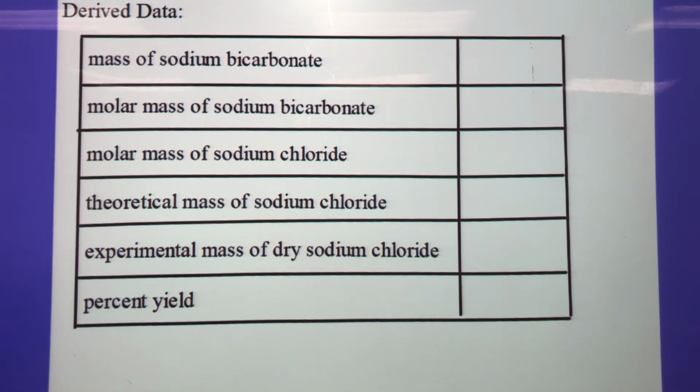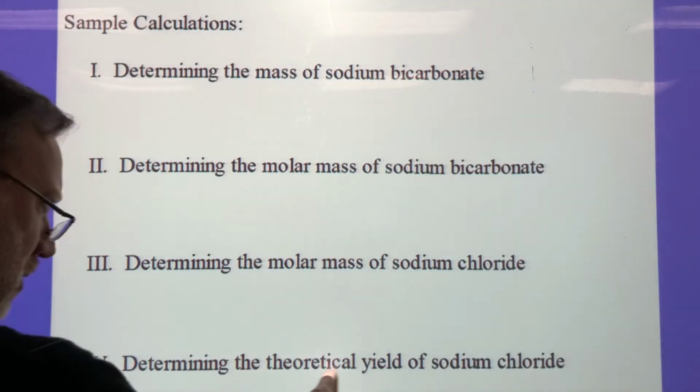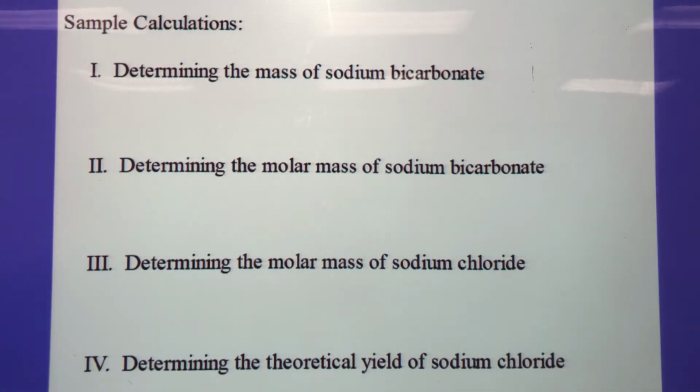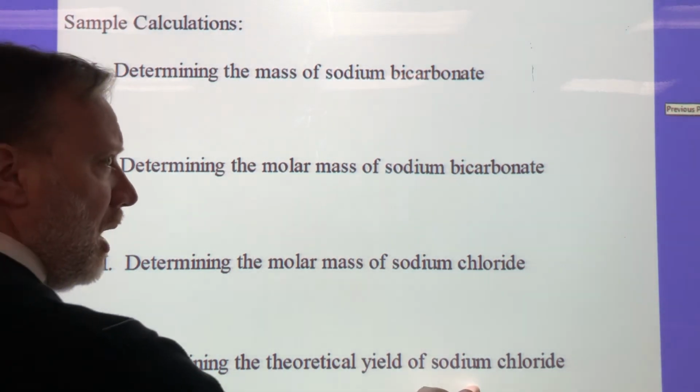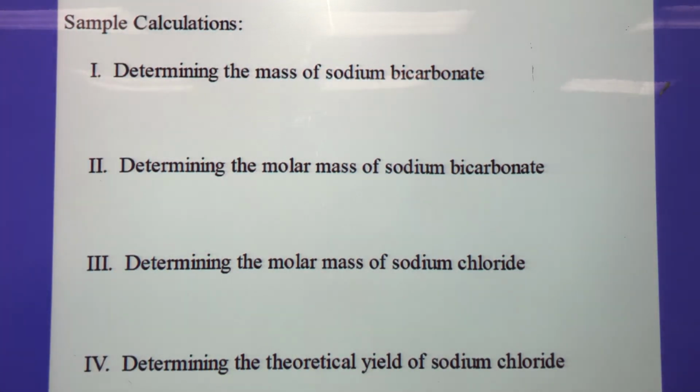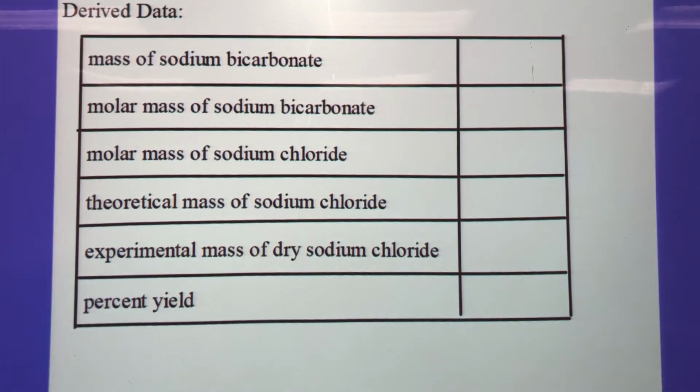It says theoretical mass of sodium chloride on here. Theoretical yield of sodium chloride there. That's okay. It's the same thing. Theoretical yields are done in mass. They're done in grams. So you would do mass grams to moles to grams. Okay, and then the next step is going to be experimental.